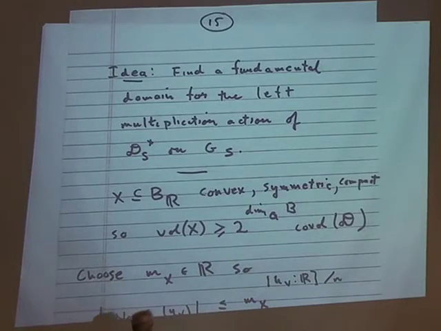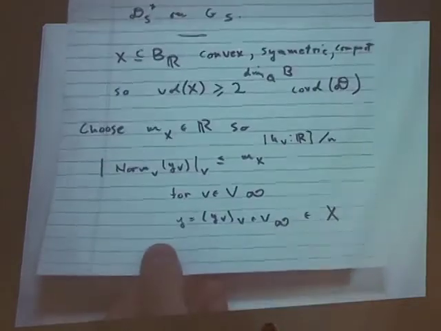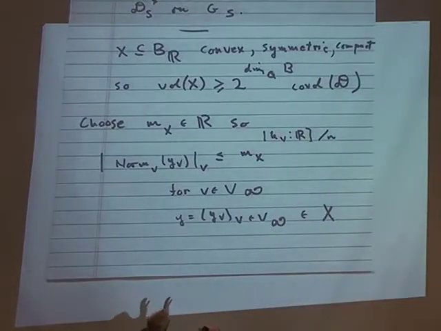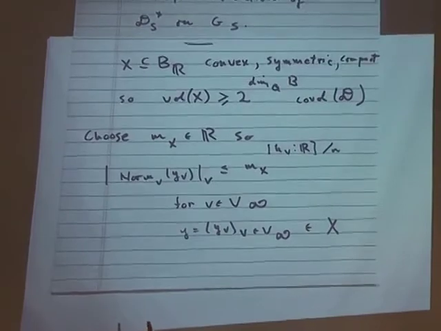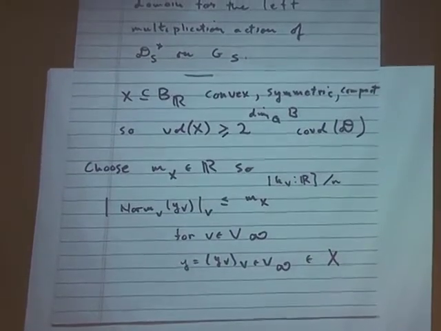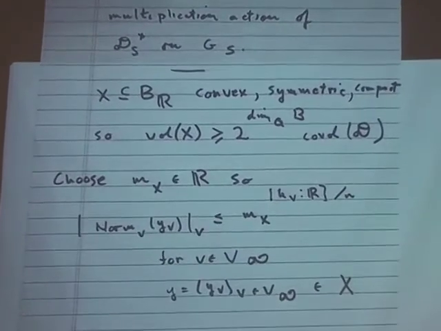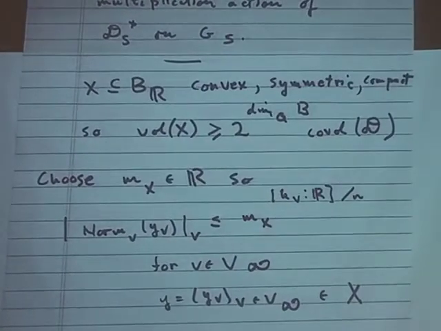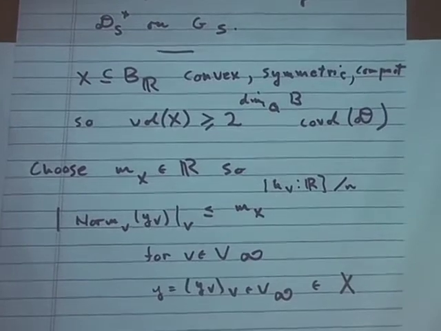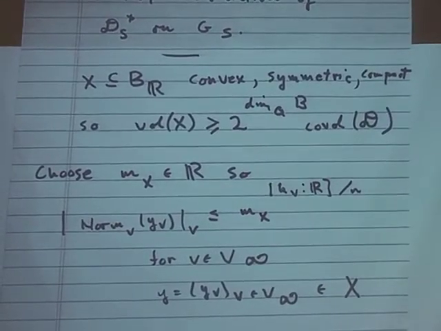That's what Minkowski guarantees. Now you need to choose another constant that measures, once you pick this Archimedean set, how big are the components of elements of it. And that's what the M sub X is doing. It's bounding the size of the components of the Archimedean set X, at least their size in terms of norms.